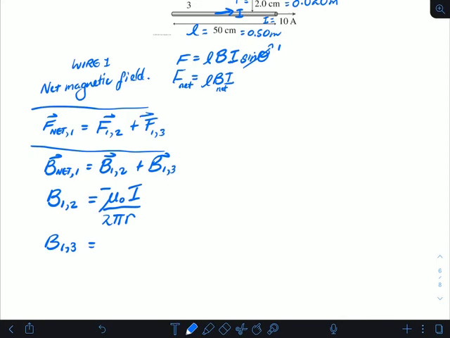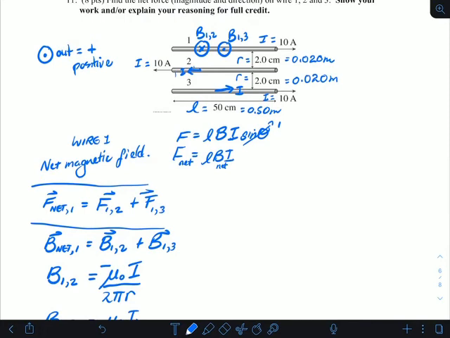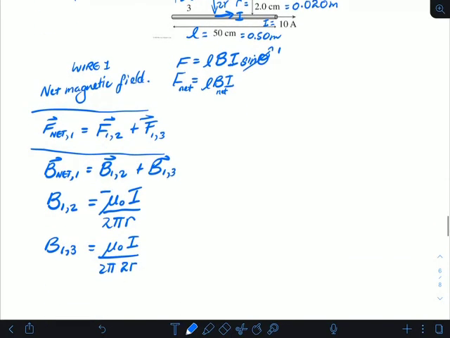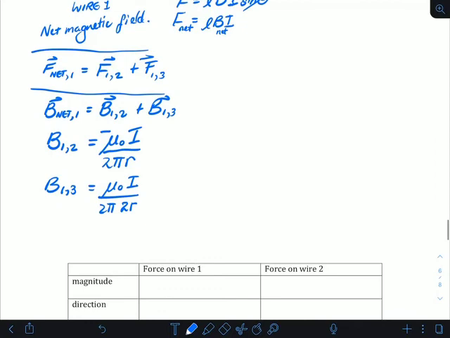Here B on 1 due to 3 is equal to mu naught I over 2 pi, but in this case the distance is 2r, because it's twice as long. If I simplify that, it is mu naught I over 4 pi r.